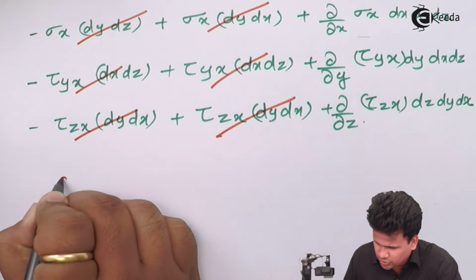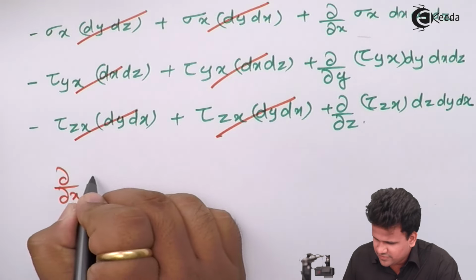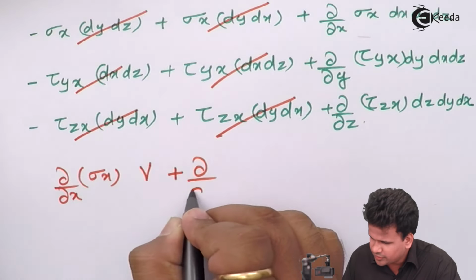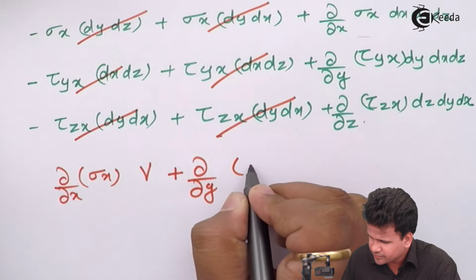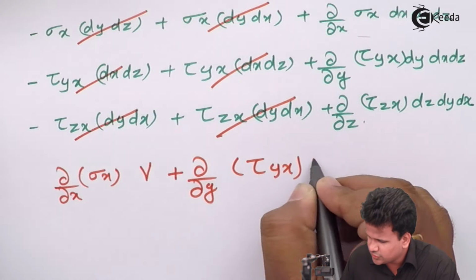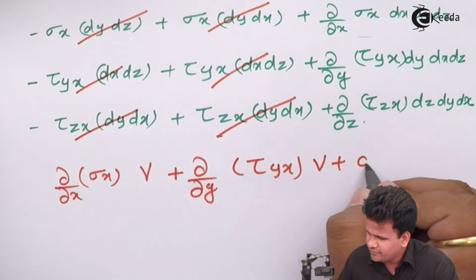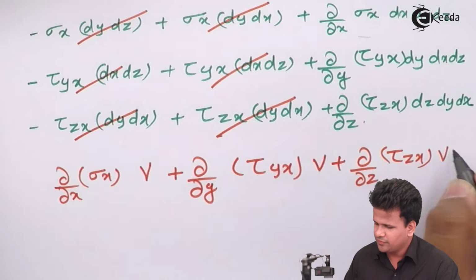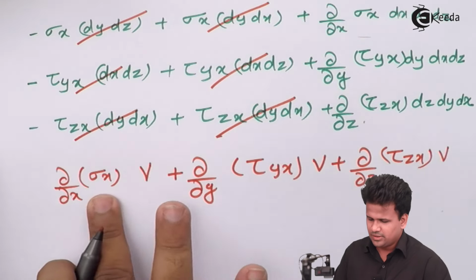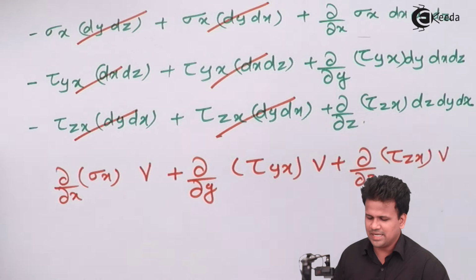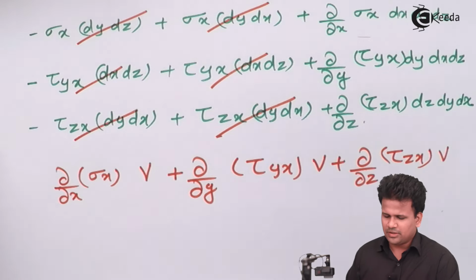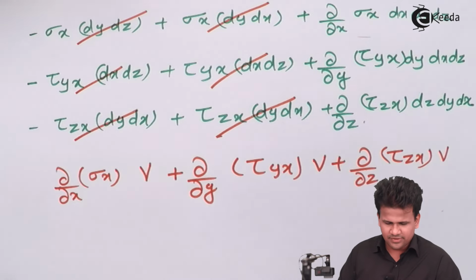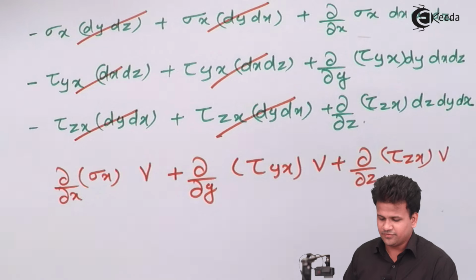This will be dou by dou x of sigma x into volume plus dou by dou y into tau of yx into volume plus dou by dou z into tau of zx into volume. These two are shear forces, and this is the longitudinal force, which will be taken in terms of a stress force, in terms of pressure force.